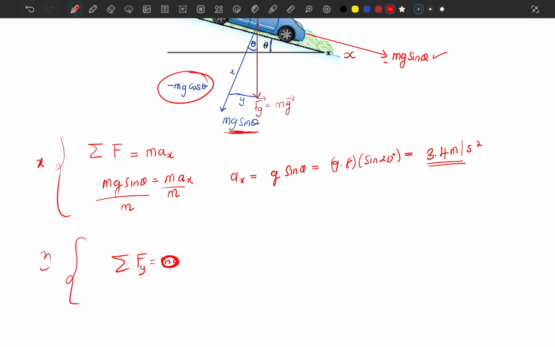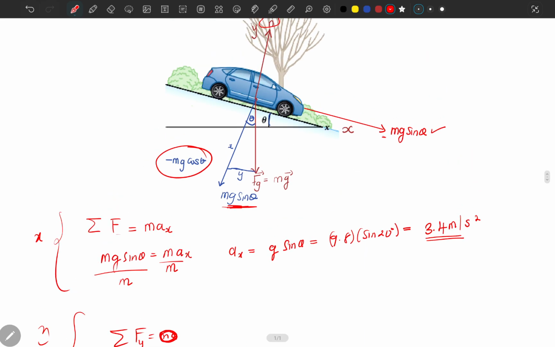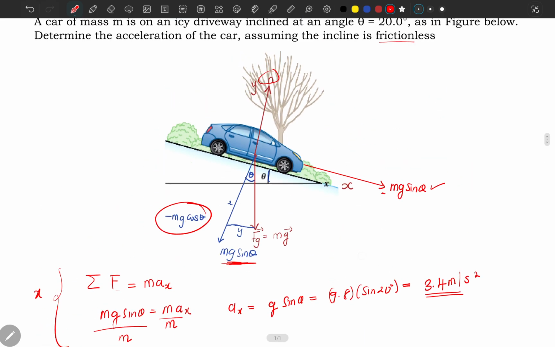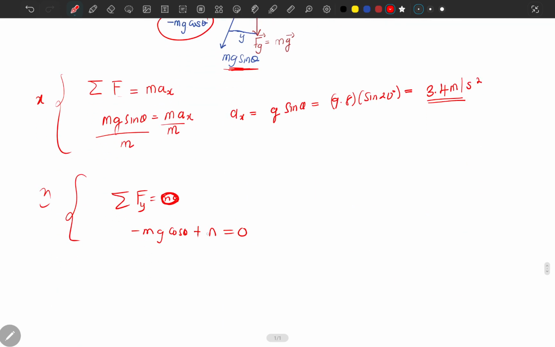We have minus mg cosine theta plus N is equal to 0. The one coming down here is negative mg cosine theta, and that one is N, so they're opposite, plus N is positive, equal to 0. So you discover that the normal force is equal to mass times gravity times cosine theta.